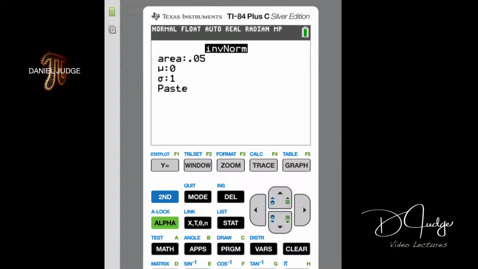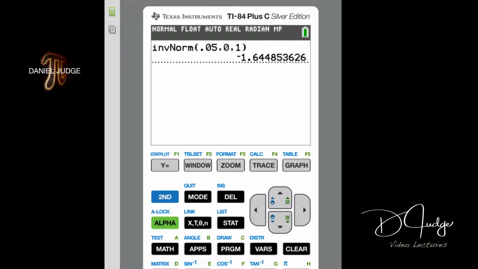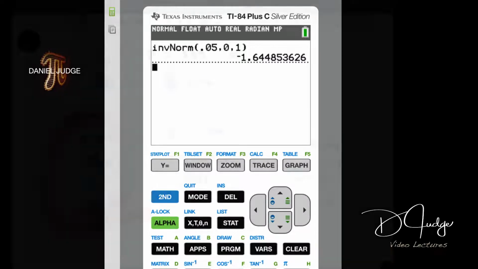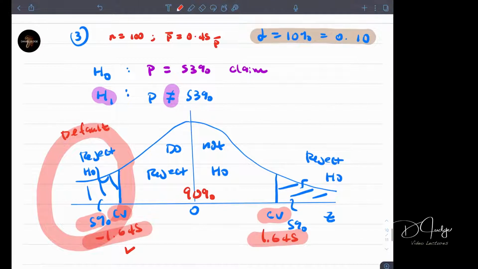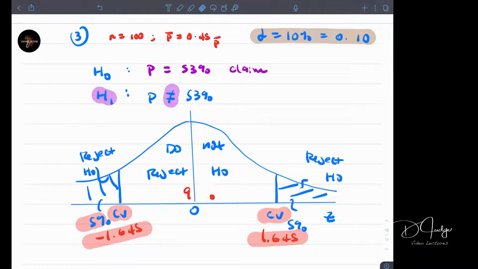Because alpha's 10%. That means 5% is in each tail because there's two tails now. So notice what you get. You get that one Z value, area to the left of a negative 1.645, and that verifies exactly what we got using the latest and greatest TI, ladies and gentlemen. So just going through those details here with you guys, using your TI. So either way, we're good.